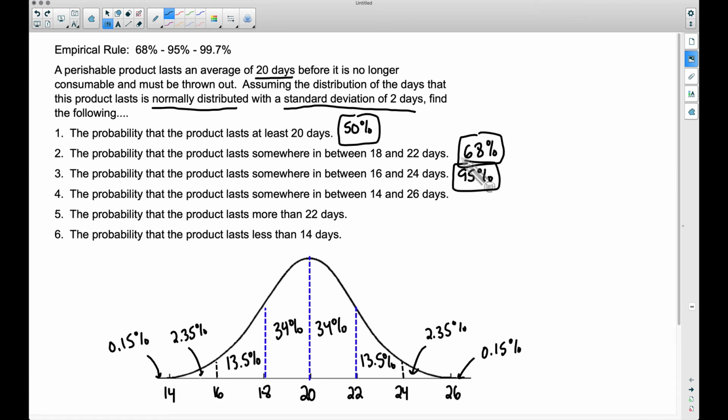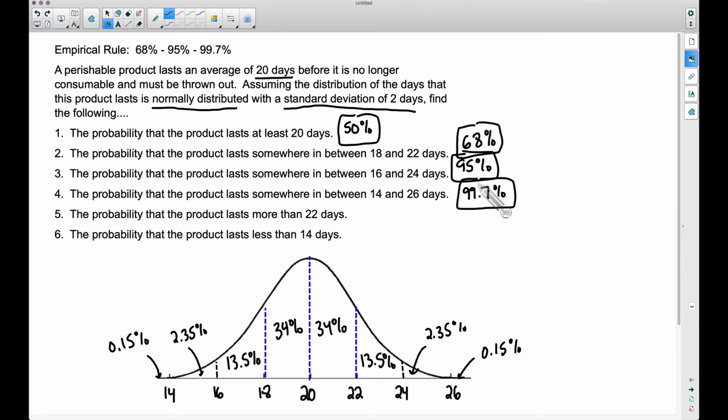And maybe you see a little pattern here with 2, 3, and now problem number 4. We're at 14 days to 26 days. So 14 days all the way up to 26 days. That's the 3 standard deviations, both below and above the mean. There's our 99.7.